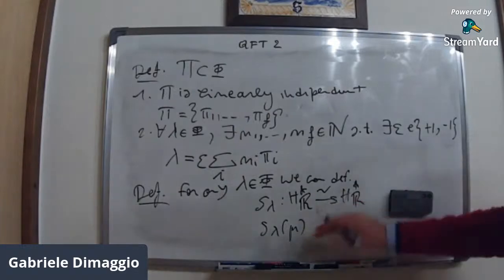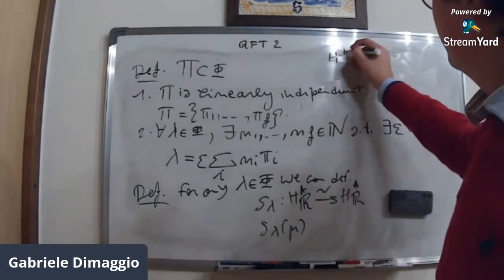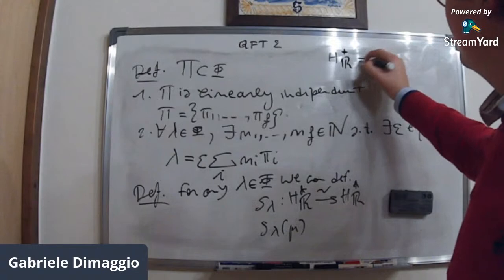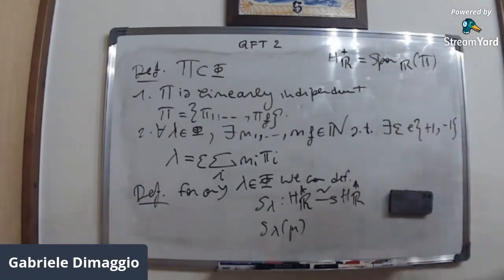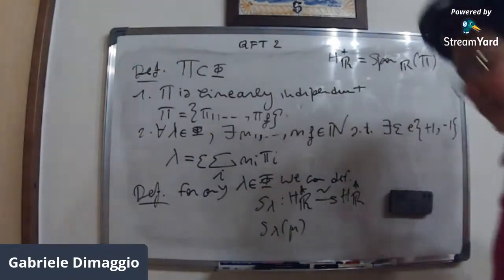And I have that the dual Cartan subalgebra over R is the span over R of pi, so the set of fundamental roots. Perfect.